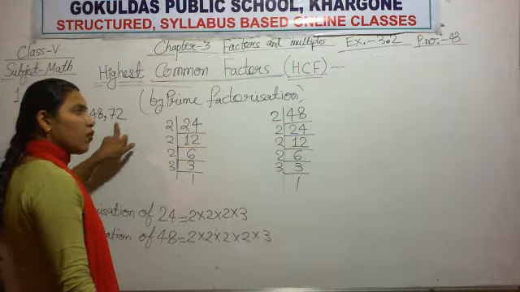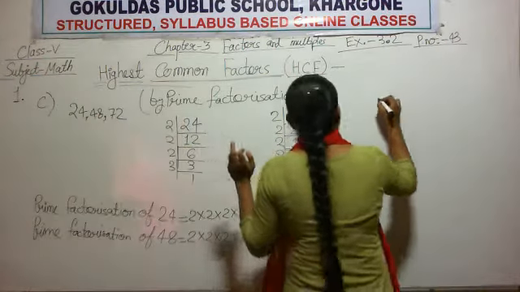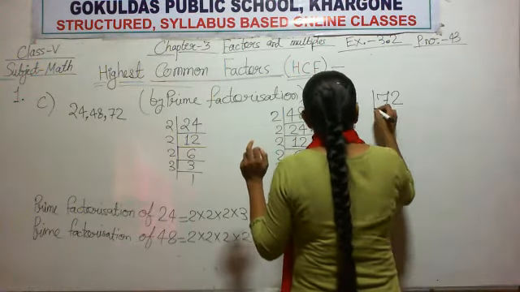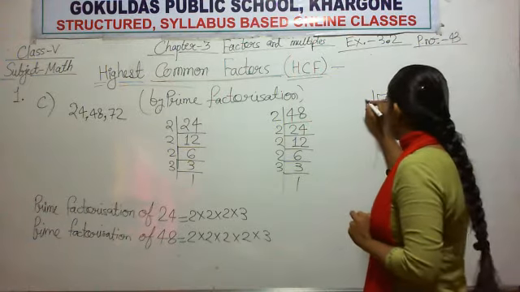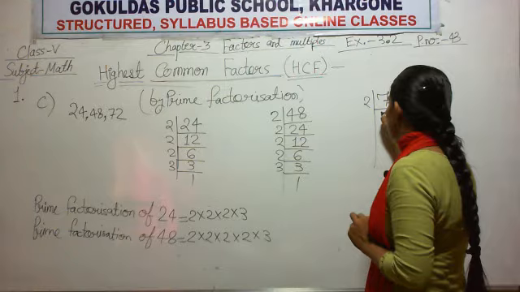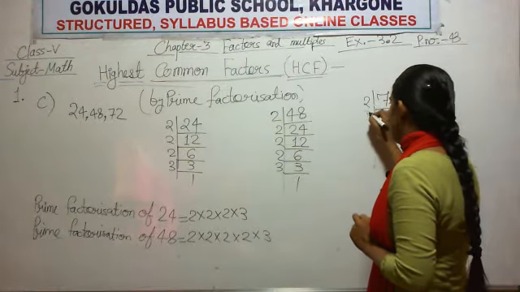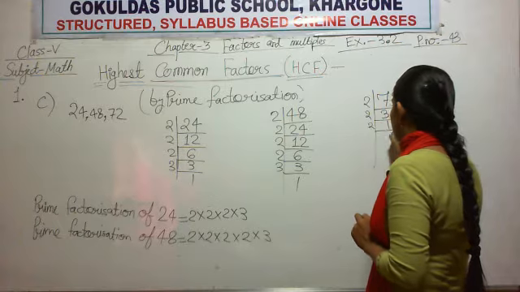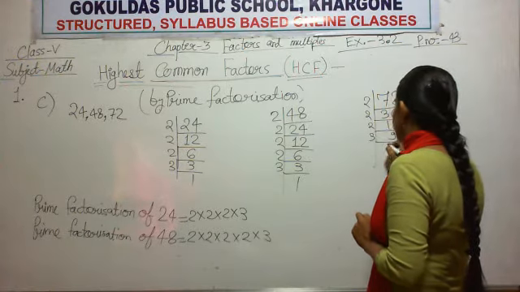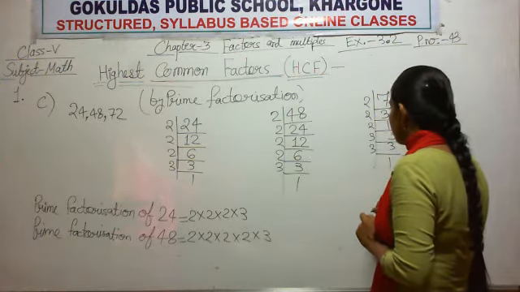3. Now I have one more number, that is 72. So I have to find the prime factorization of 72 also. 72 is an even number, so you can divide it by 2. 2 3s are 6, 2 6s are 12, 2 1s are 2, 2 8s are 16, 2 9s are 18, 3 3s are 9, 3 1s are 3.